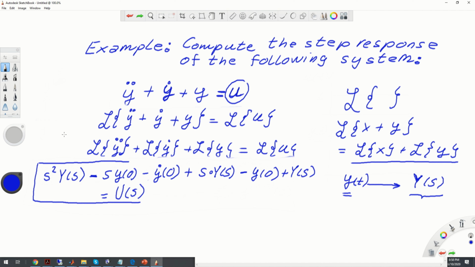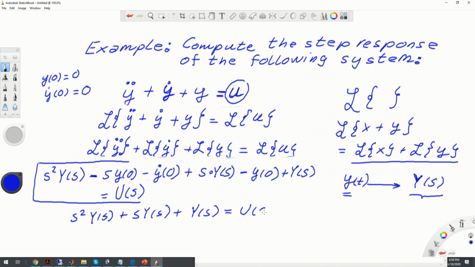In this example, we are going to assume that the initial conditions are that y of 0 is equal to 0 and that y dot of 0 is equal to 0. Then our equation becomes s squared y of s plus s y of s plus y of s is equal to u of s.